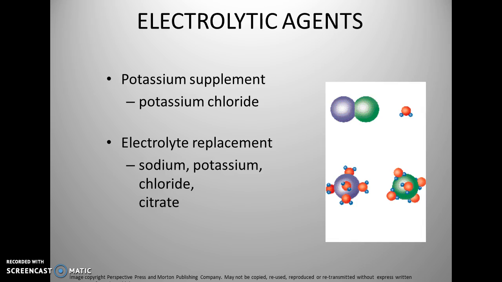And then a lot of times for IV, we have normal saline, which is an isotonic solution of sodium chloride. And isotonic is usually this solution is 0.9% sodium chloride, which is equivalent to the sodium concentration in the blood. Alright, so you have potassium chloride, which is a potassium supplement, and then you have electrolyte replacement.